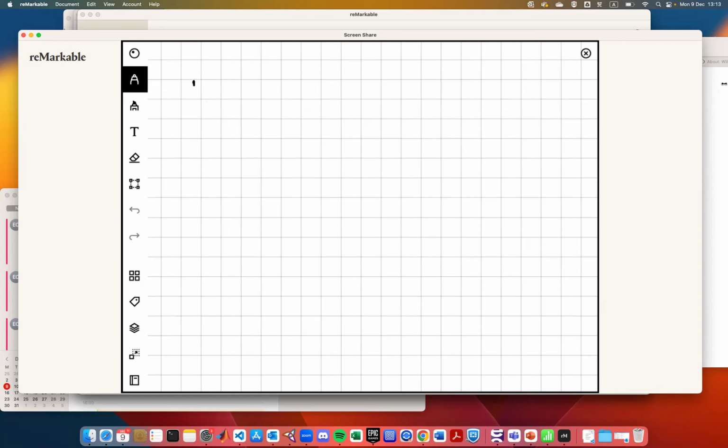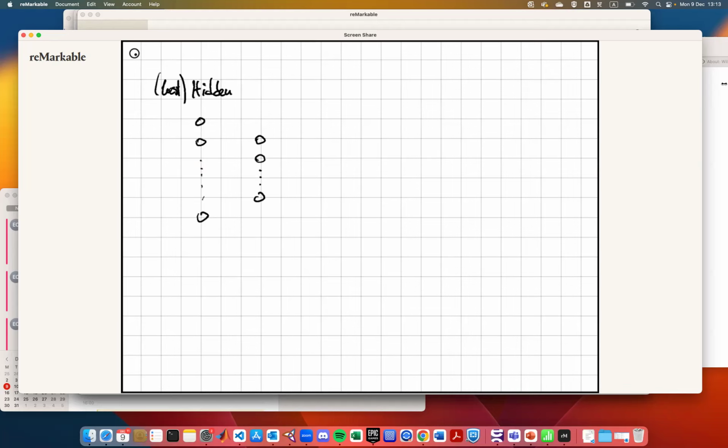We have our last hidden layer, which collapses into a number of output neurons equal to the number of categories, the number of classes.